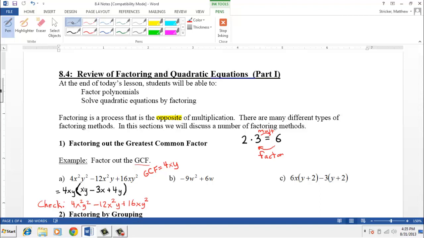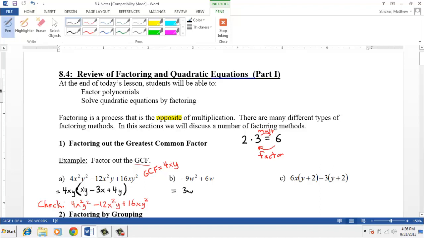Let's go ahead and talk about the next example. For this one, looking at 9 and 6, 3 goes into both of those, and then we have w squared and w, so we can pull out 1 w.